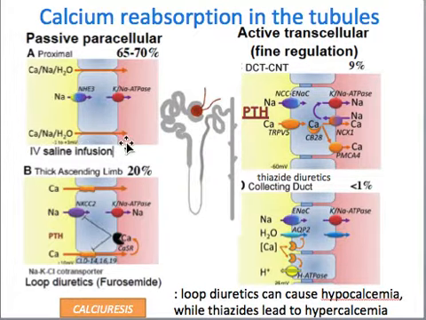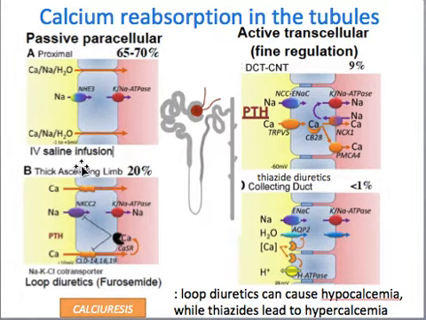So let's say in the proximal convoluted tubule, if you have a high sodium load, this inhibits calcium reabsorption. And likewise, your diuretic, furosemide, also increases sodium in your tubules, limiting the amount of calcium that is reabsorbed, causing calciuresis.